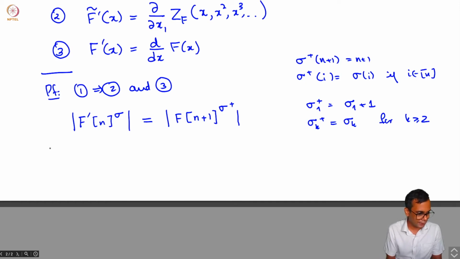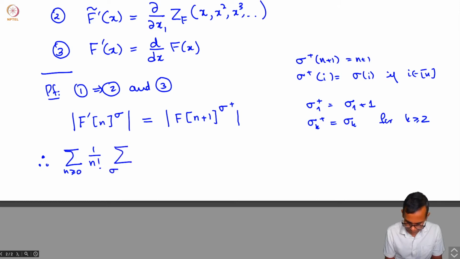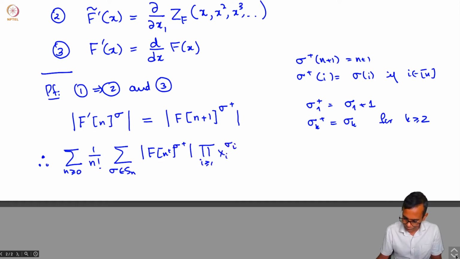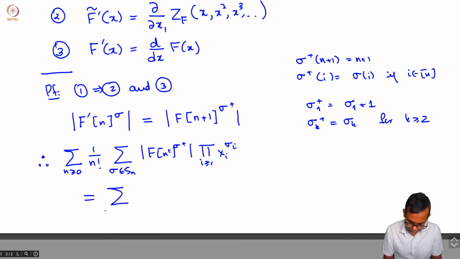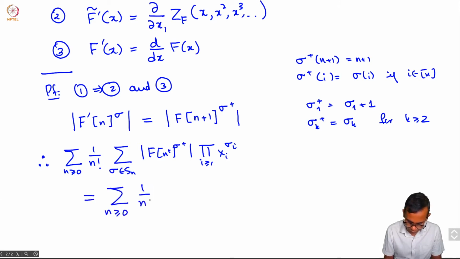And so what we get is therefore the sum over n greater than or equal to 0 of 1 over n factorial, the sum over sigma in Sn of the fixed points of f of n plus 1 under sigma plus, times the product over i greater than or equal to 1 of xi raised to sigma i. Well, we've already seen how we can write this as a sum over n greater than or equal to 0 of 1 over n factorial, and then we write a sum over partitions.